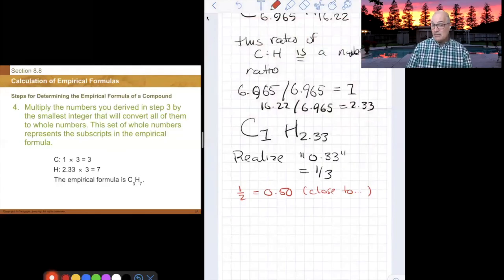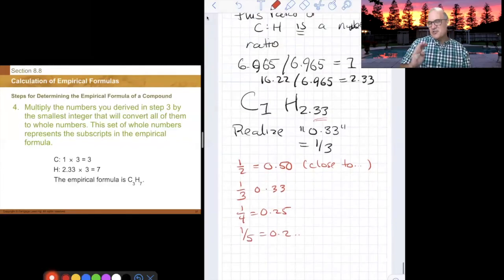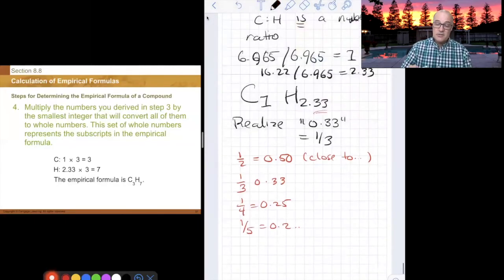So if you get 0.48 or 0.51, that's probably going to equal 1/2. So we want to look for numbers close to this. It's not always going to be exactly this. 1/3, of course, is 0.33. We see this up here. 1/4 equals 0.25. 1/5 equals 0.2. This is usually the limit of the decimal representations of fractions that we see in problems. So these are the ones you want to worry about.